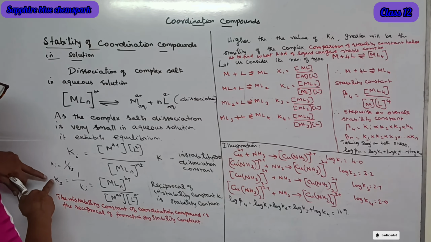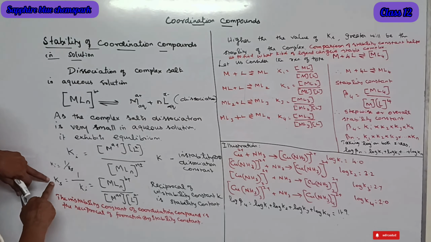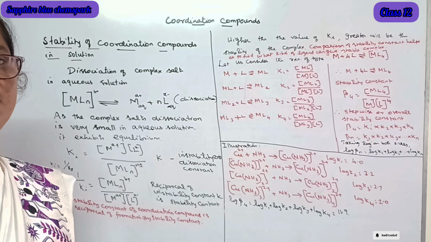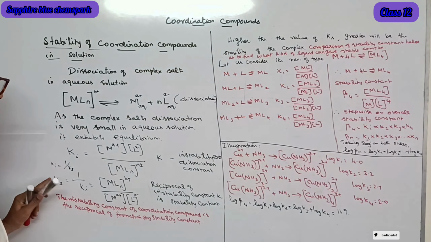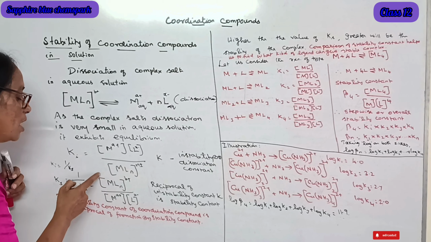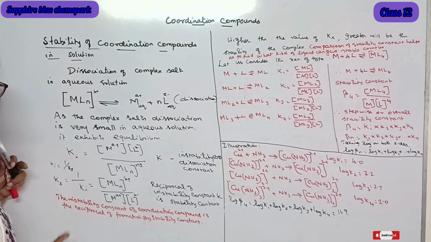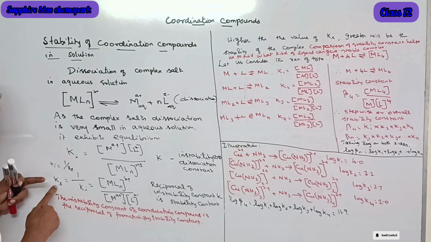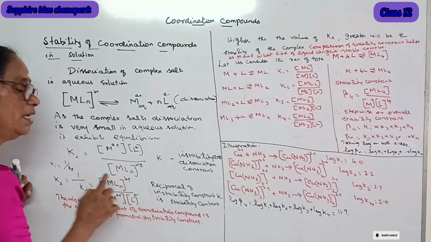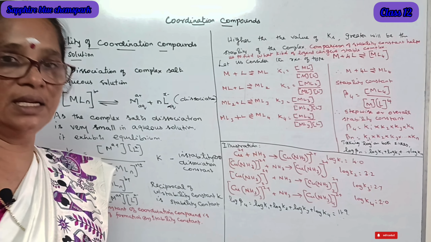Now, consider the value of Ks, the stability constant. In the stability constant, the formation of the complex is in the numerator. So when the stability constant increases, the stability of the complex also increases.